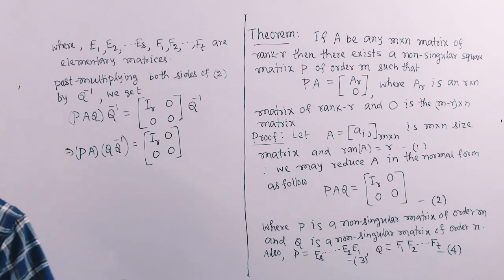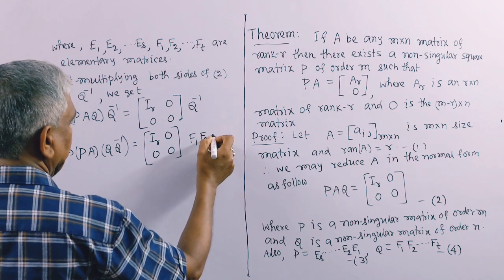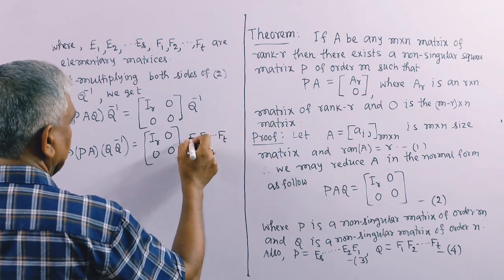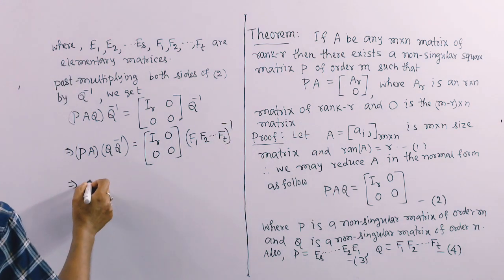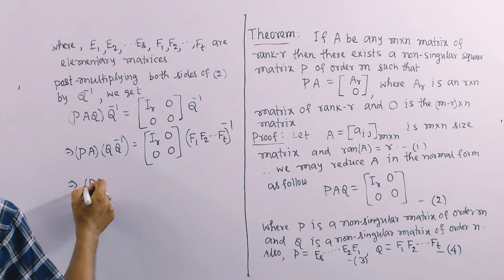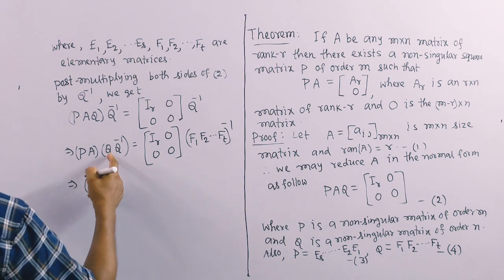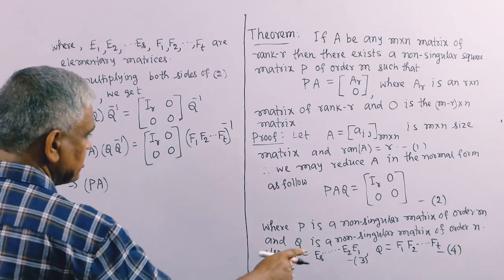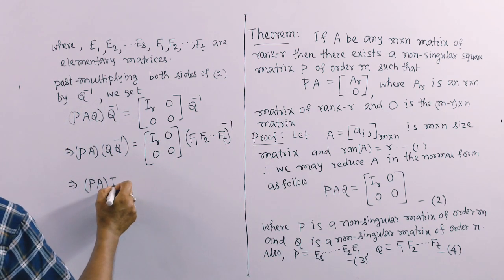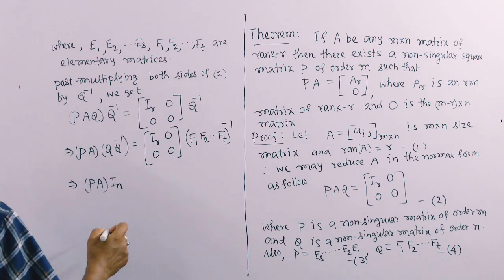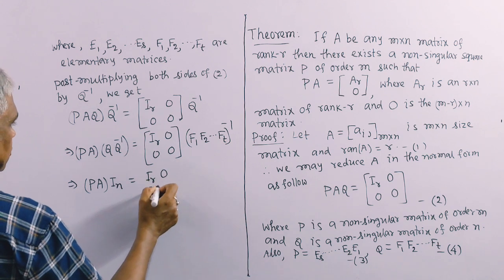Q inverse means F1 F2 dot dot dot Ft whole inverse. Since Q is non-singular, its inverse exists, and here IN equals the unit matrix.